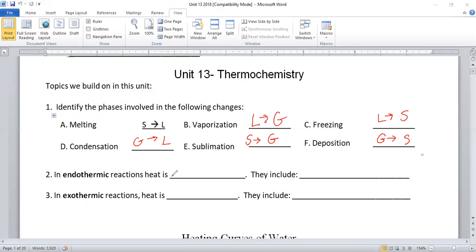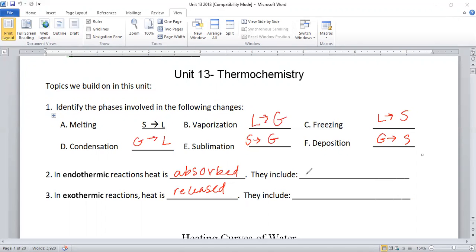Okay, in an endothermic reaction, heat is endo, going in, so heat is absorbed. Exo, heat is released. So from above, for endothermic reactions, think about which ones would work if you put them on a stove or had a fire underneath them.